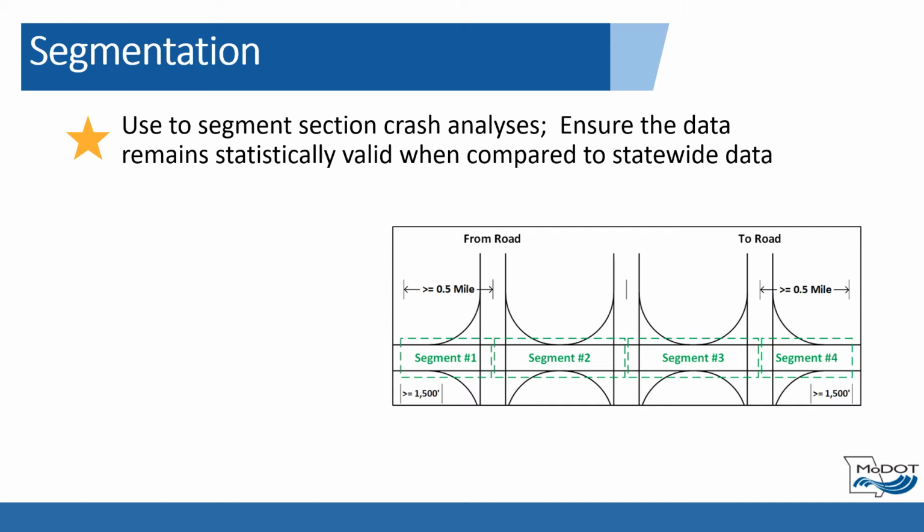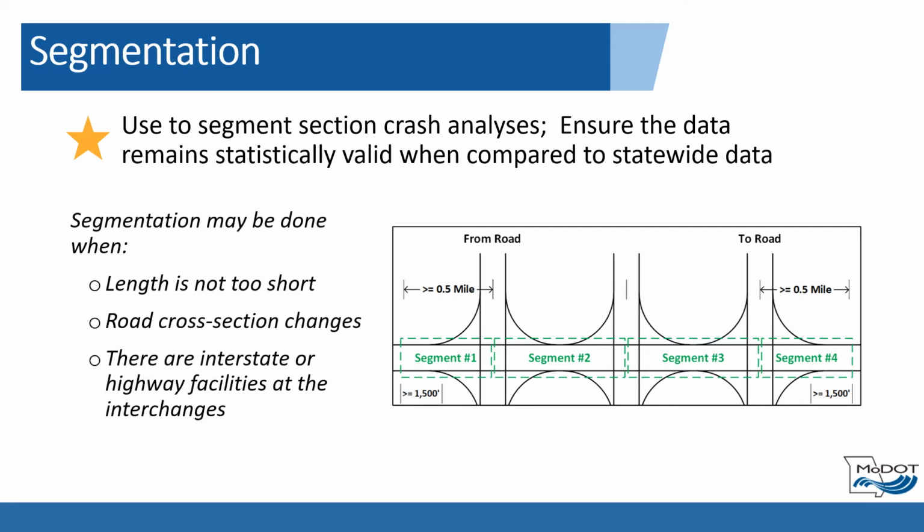In a section analysis, segmentation may be done when the length is not too short, when the cross sections drastically change between corridor intersections, for example, a change in number of lanes, and when there are interstate or highway facilities at the interchange.